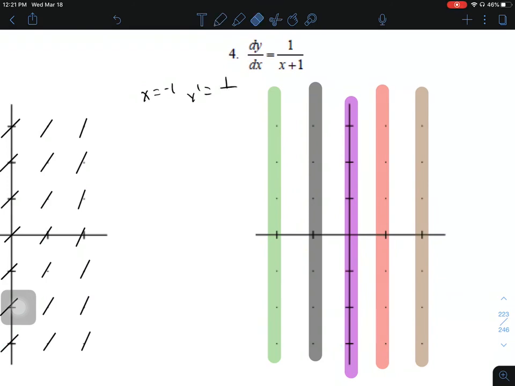I'm sorry, I want to do -2 first. The slope is going to be -1 because -2 minus 1 is -1. So all these slopes are the same, -1, all the way down.